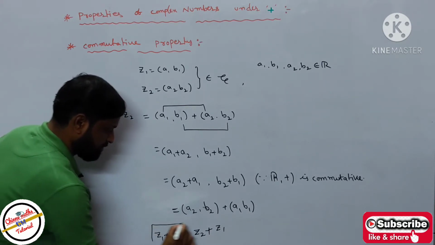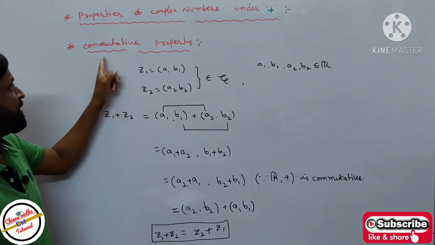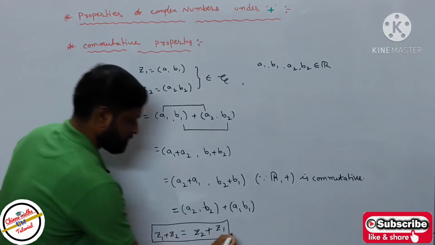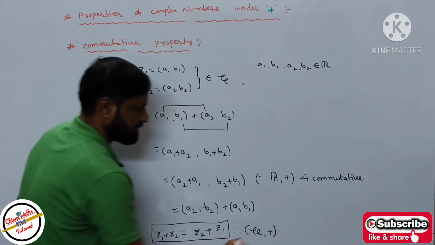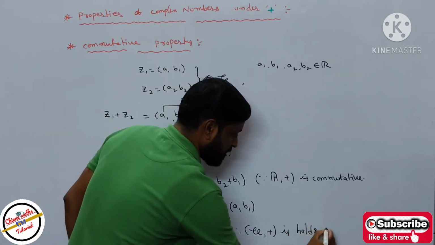See here, z1 plus z2 equivalent to z2 plus z1 means it is satisfying which property? Commutative property under the addition. So therefore the complex numbers under plus hold the commutative property.